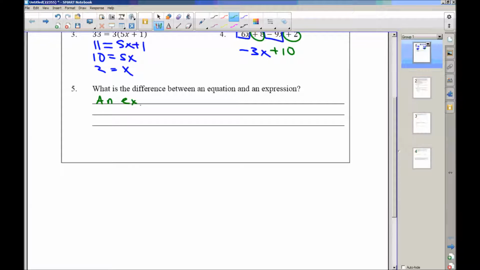So an expression is created from numbers, variables, and operators.